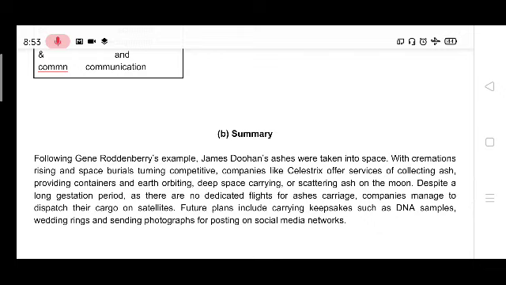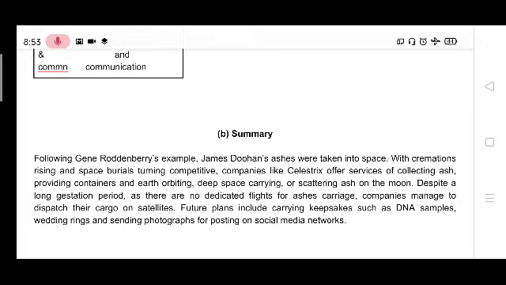Following Jeannie Roddenberry's example, James Doohan's ashes were taken into space, with cremations rising and space burial turning competitive. Companies like Celestis offer services of collecting ash, providing containers, and Earth orbiting, deep space carrying, or scattering ash on the moon.